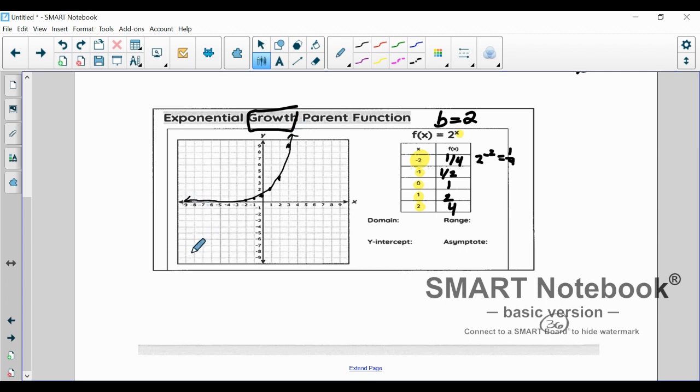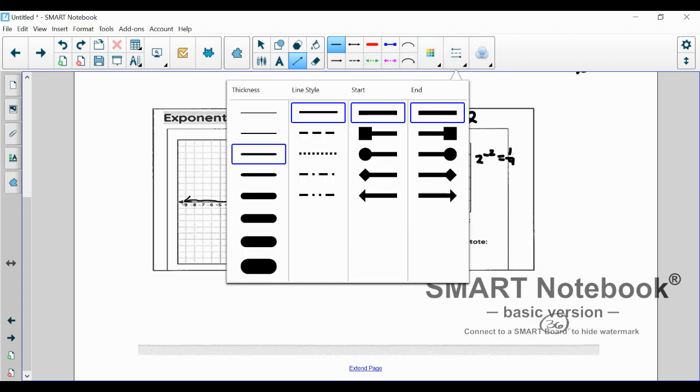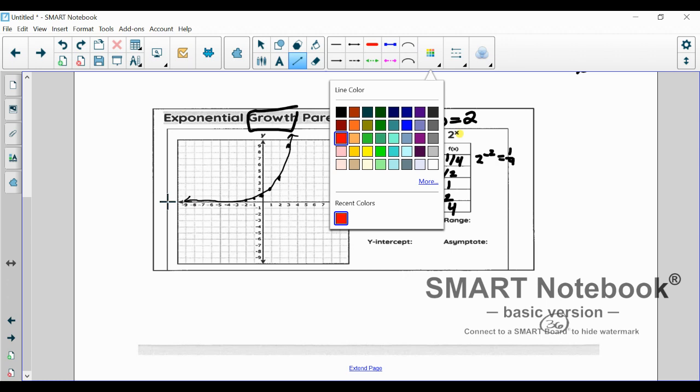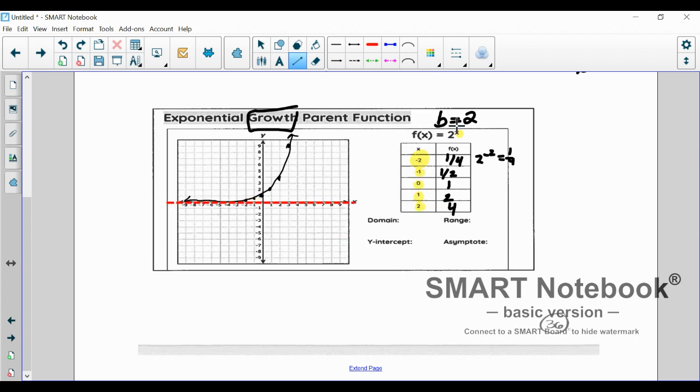So the tail of the graph is to the left and it gets bigger as we go to the right. It increases. And there is an asymptote at y equals 0, meaning there's this do not cross line at y equals 0.